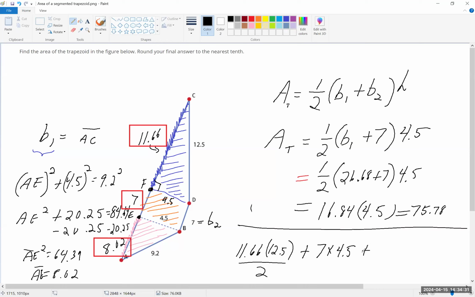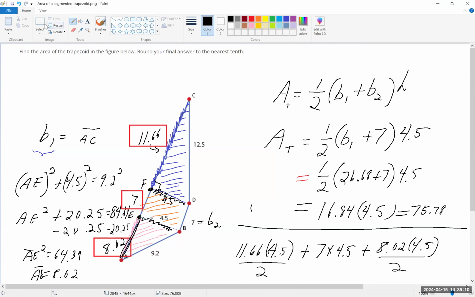Plus, oh, and I think I made a slight error here. This is just 4.5, because it's this length that we need. There's another 4.5 here and an 8.02. We're going to divide that by 2.